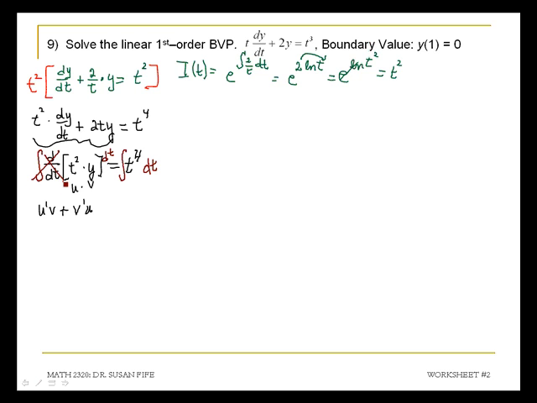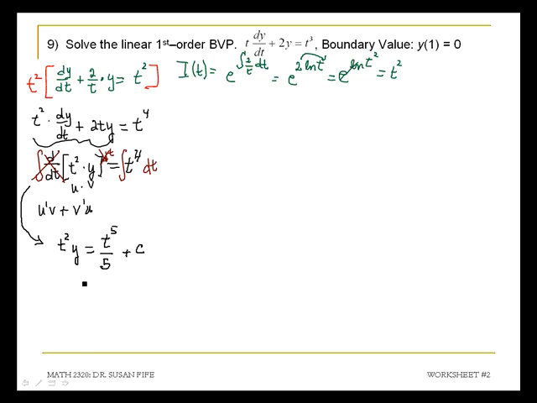And on the left side, this integral and that derivative will cancel each other out, to leave me with t squared y. And on the right side, when you integrate t to the fourth, you're going to increase the power, divide by the new power, t to the fifth over 5, plus the constant of integration.